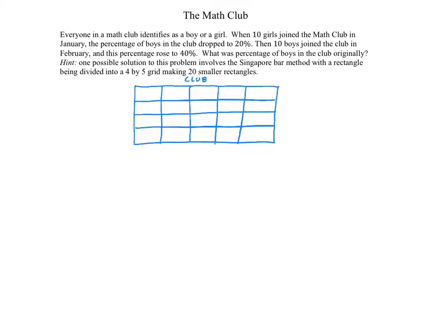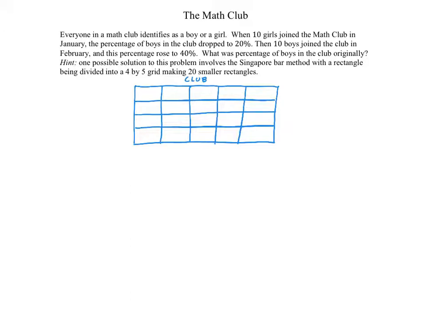That's where we have a complete picture, and then work backwards from there. Instead of thinking about 10 girls joining and 10 boys joining later on, I'm going to think that we're in February now, and then 10 boys are going to leave, and then 10 girls are going to leave, and that will take us back to the original percentage that we're after in this problem.